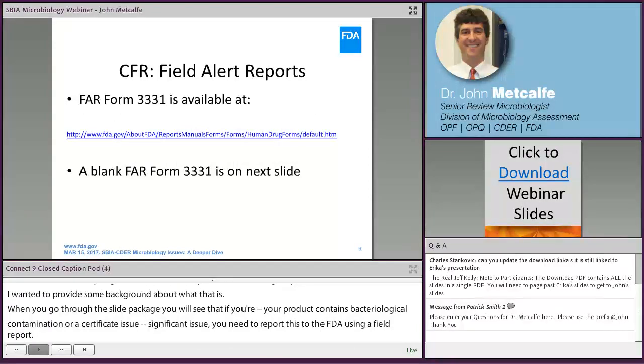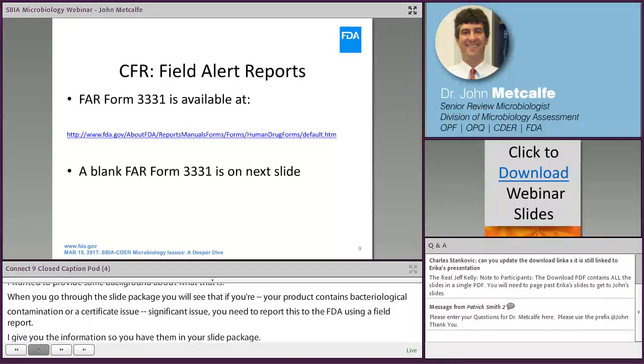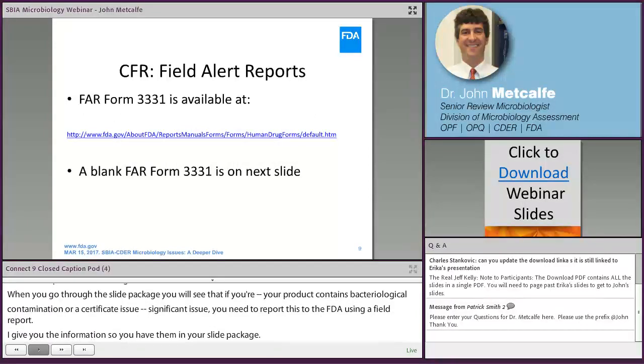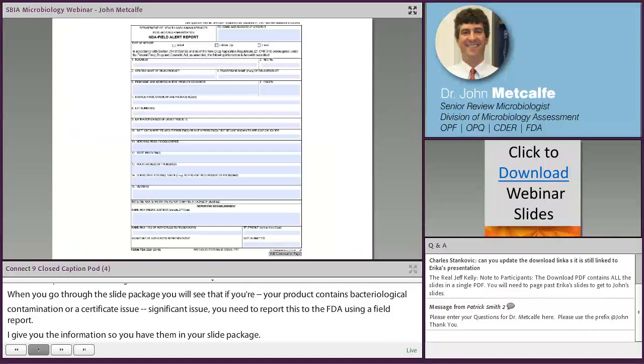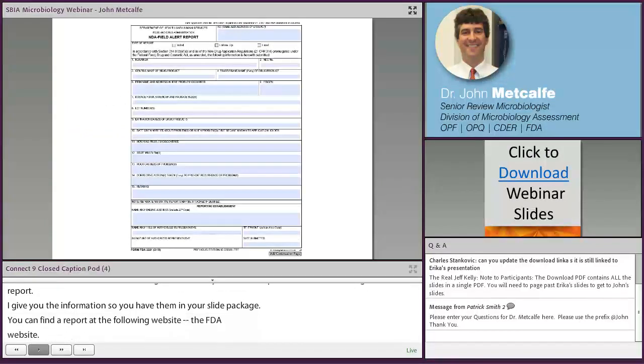I give you the information so that you have them in your slide package. You can find a field alert report on the FDA website, it's FAR Form 3331. And I did want to include a slide that shows what a field alert report looks like. My point for sharing this is that once we receive these at FDA, we don't have a lot of detail to go on.